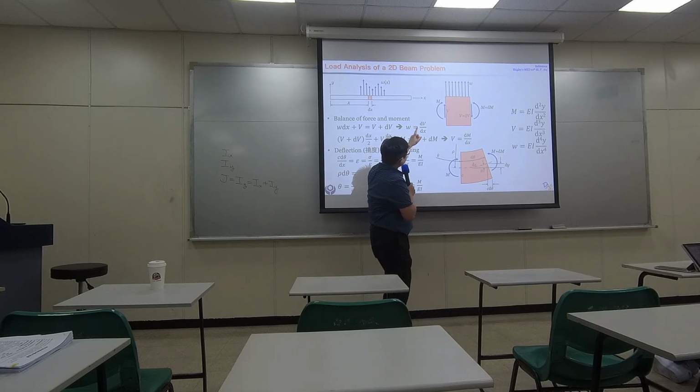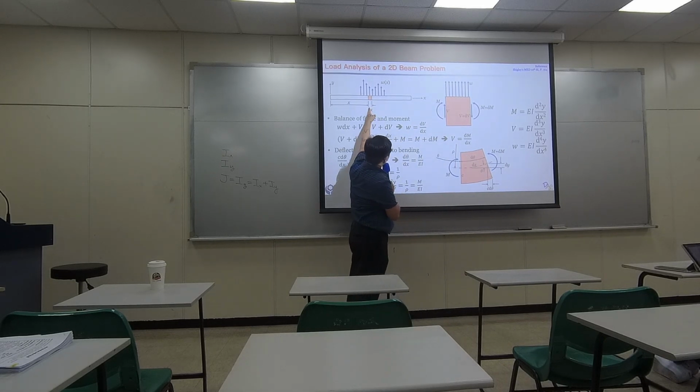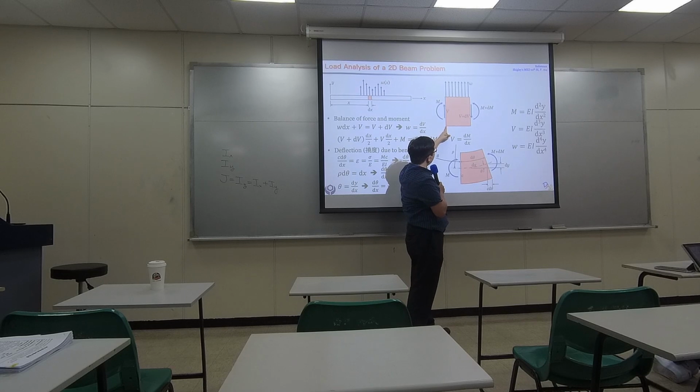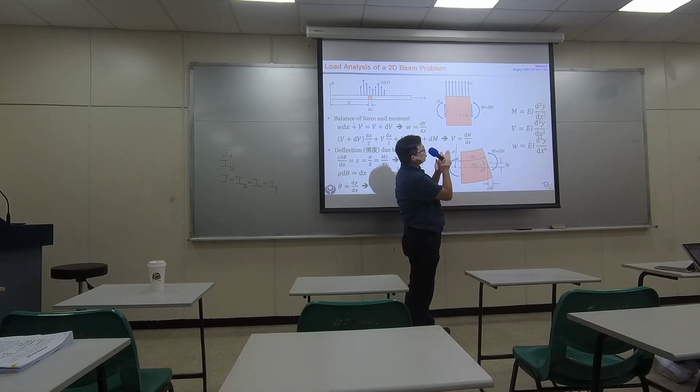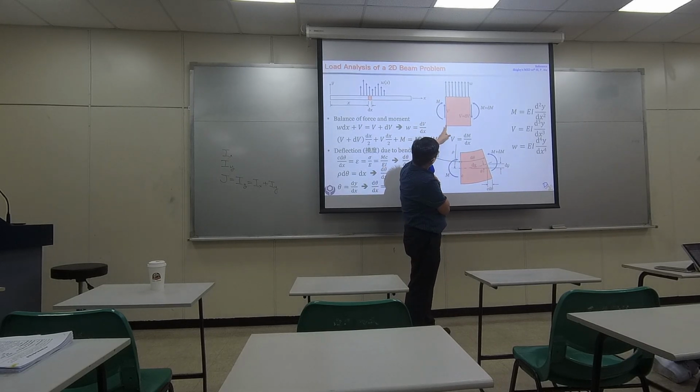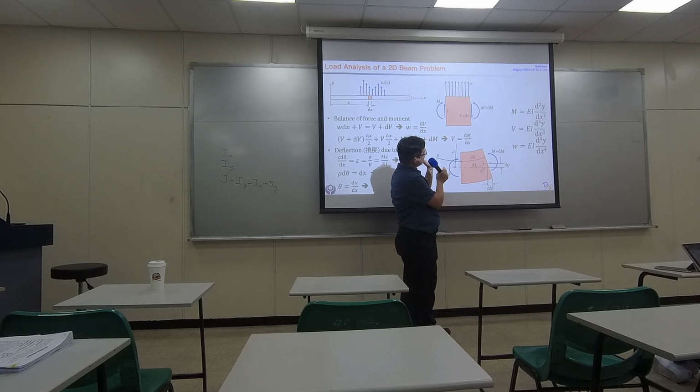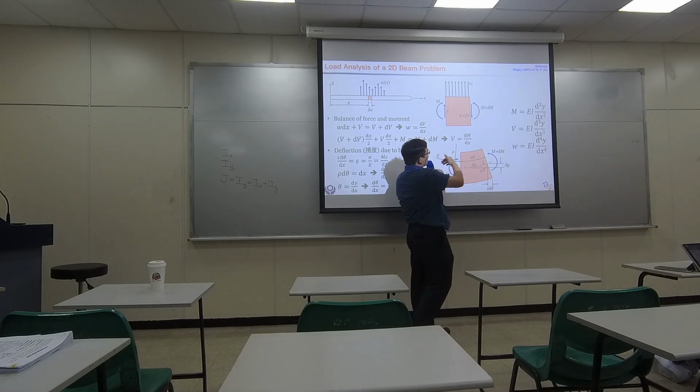Because at exactly the same point, V equals V. For example, if we are standing right here, we have exactly the same shearing force up and shearing force down. So it's shearing the surface. At the exact same point, we have the same moment bending this way, and the other side is fighting against the moment, so the exact same amount of moment bending the other way.